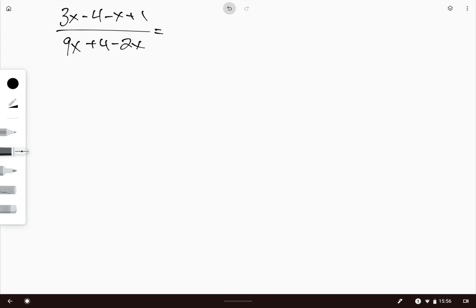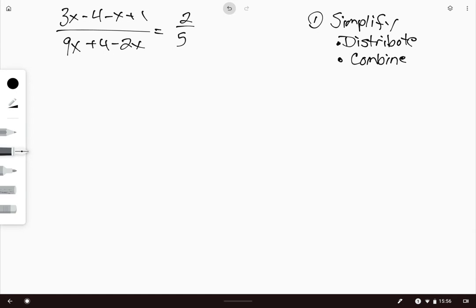The first thing you are going to do is simplify. When you look at simplifying the numerator or the denominator, you are going to distribute, and we always distribute when we see parentheses, and we also look at whether we need to combine like terms.